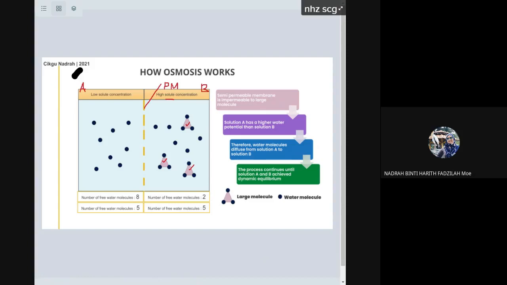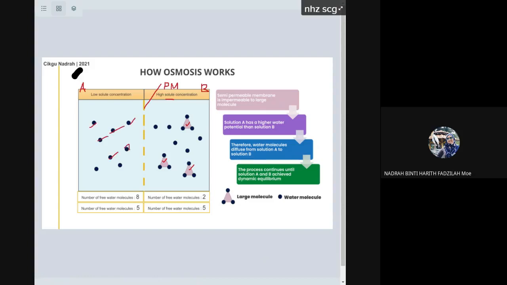solution A ni low solute concentration. Bagaimana pula dengan water potential? When we look at solution A, the number of water molecules is higher in solution A. Nampak water molecules dah ada banyak kan?